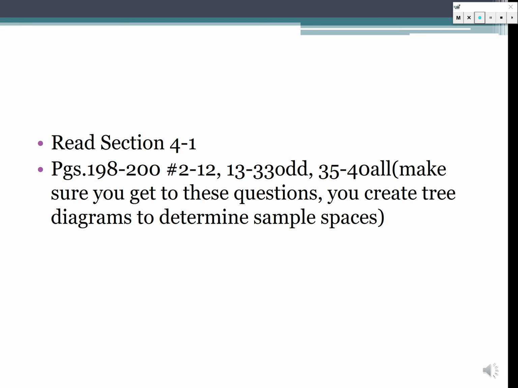Please make sure that you read the section, and then the practice problems. I know for some of you, you're thinking, okay, Miss Galley, I got this classical and empirical stuff. How many times does it happen out of the total? I've got that. The thing I definitely want to make sure, and I have it written on your sheet, is this last chunk of questions.